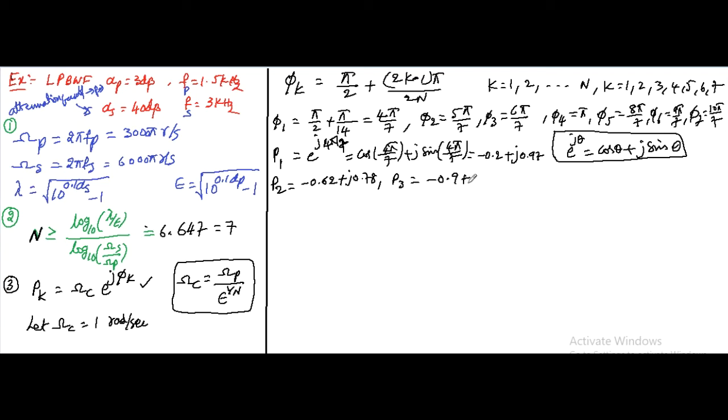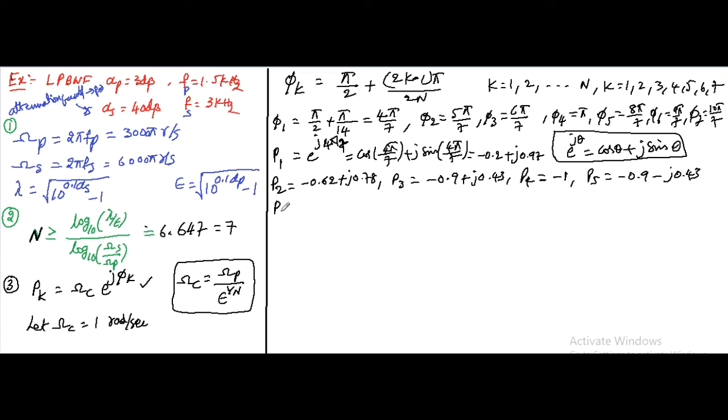So P3 is minus 0.9 plus j 0.43, and P4 is e to the power of j pi, which is cos pi plus j sin pi, that becomes minus 1, and the P5 value we will get here is minus 0.9 minus j 0.43.